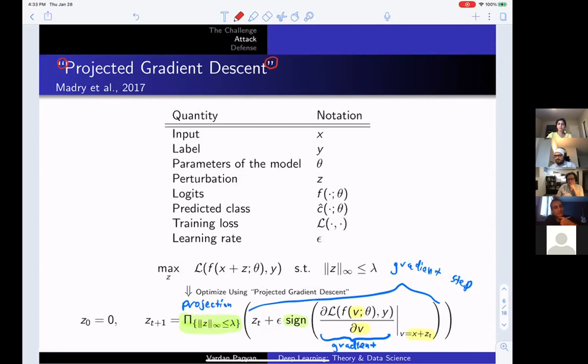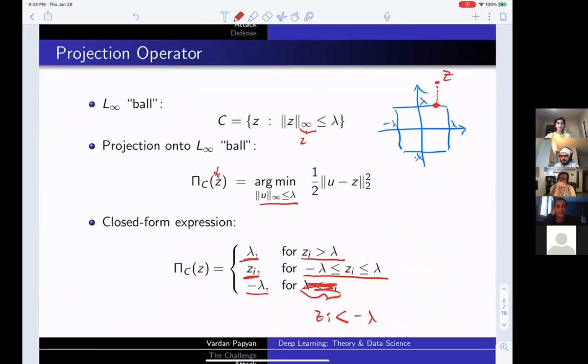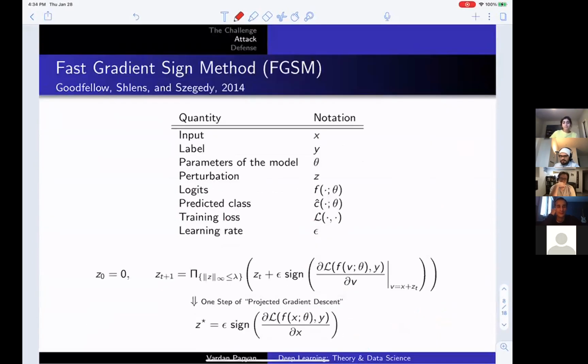A more classical example of a projected descent algorithm would say z_{t+1} is equal to a projection of z_t plus alpha times the gradient of some function. That would be a more classical example. Okay, I feel like I'm wasting too much time on this, so hopefully the algorithm makes sense.